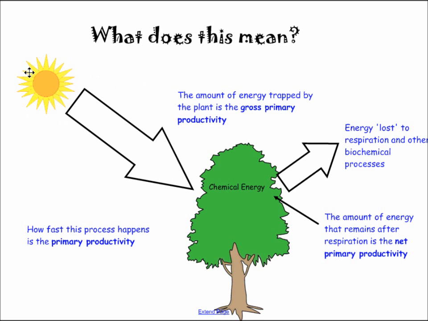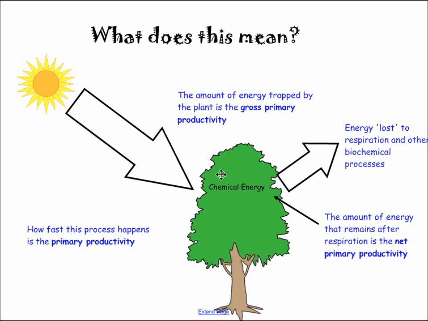So what does this mean? Well, the sun here gives energy to the plant. The rate at which the plant is able to turn the sun's energy into energy that is fixed by the plant is called the primary productivity. The actual physical amount of energy that is trapped by the plant is the gross primary productivity.